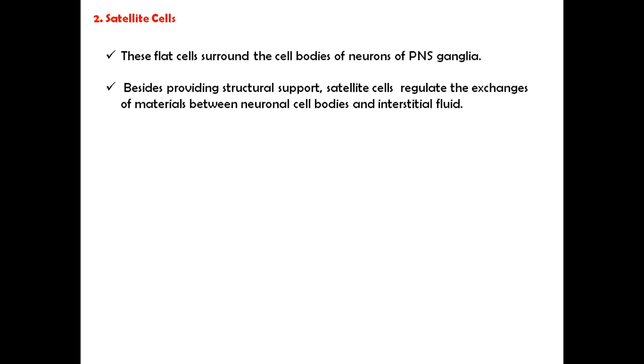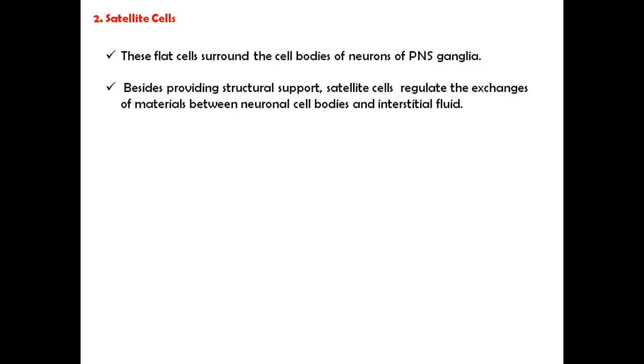The structural classification gets divided into three types: multipolar, bipolar and unipolar neuron. The functional classification again gets divided into three types: the sensory or afferent neuron, the motor or efferent neuron and the interneuron.